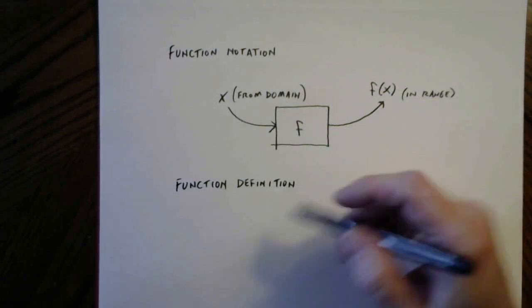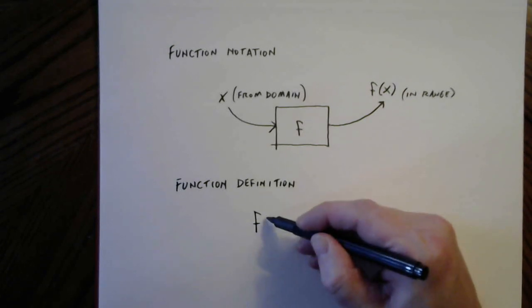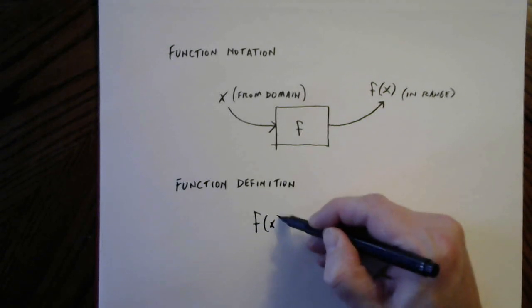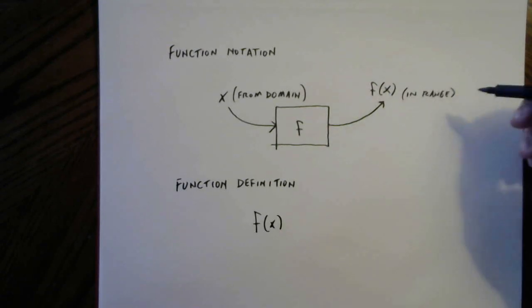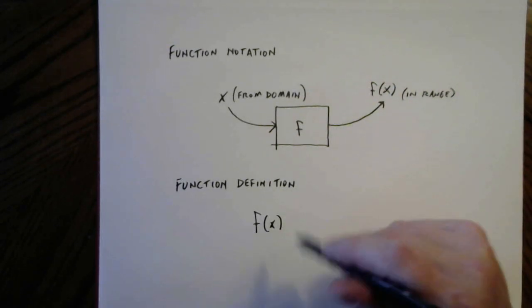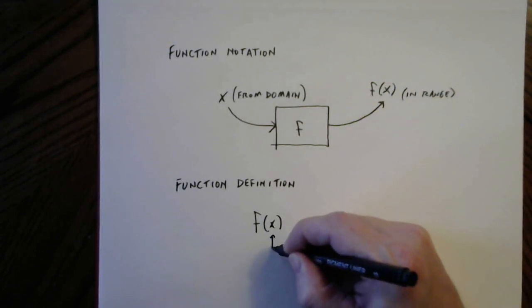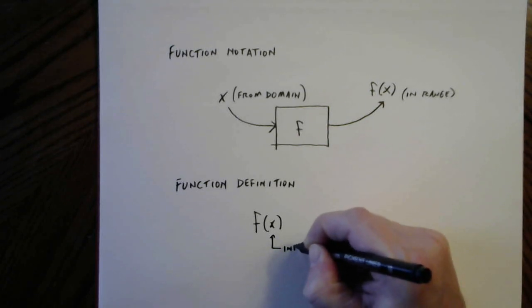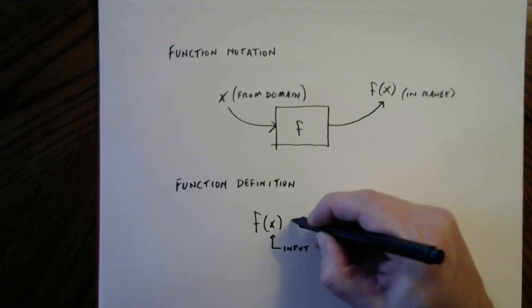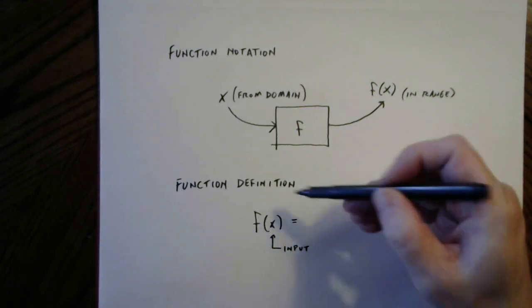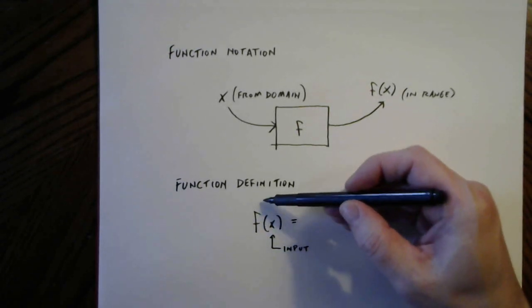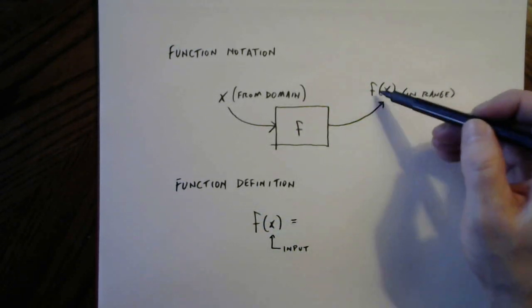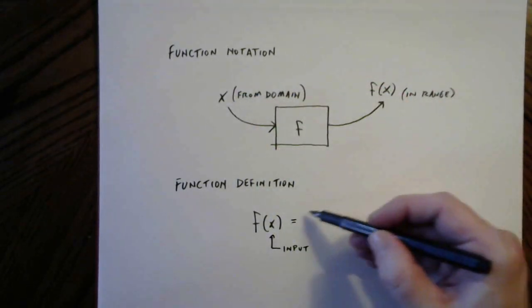So we'll define a function this way. We're going to say, okay, this function is going to be called f. I'm going to say this would be what would be considered the output. And this will be the input. So I'm going to say the output in terms of this input is equal to something.